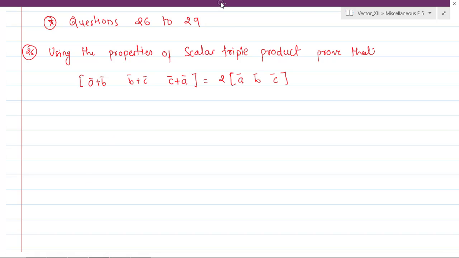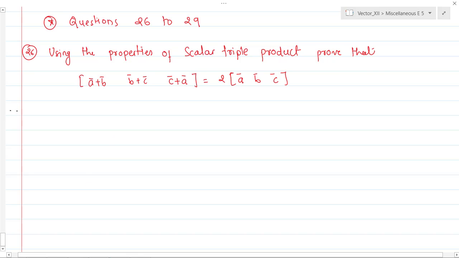Okay, so let's start the solution here. How to do? We know that the scalar triple product is, if we have a bar dot b bar cross c bar, this is the definition of the triple product. So I can write it as box of a bar, b bar and c bar.